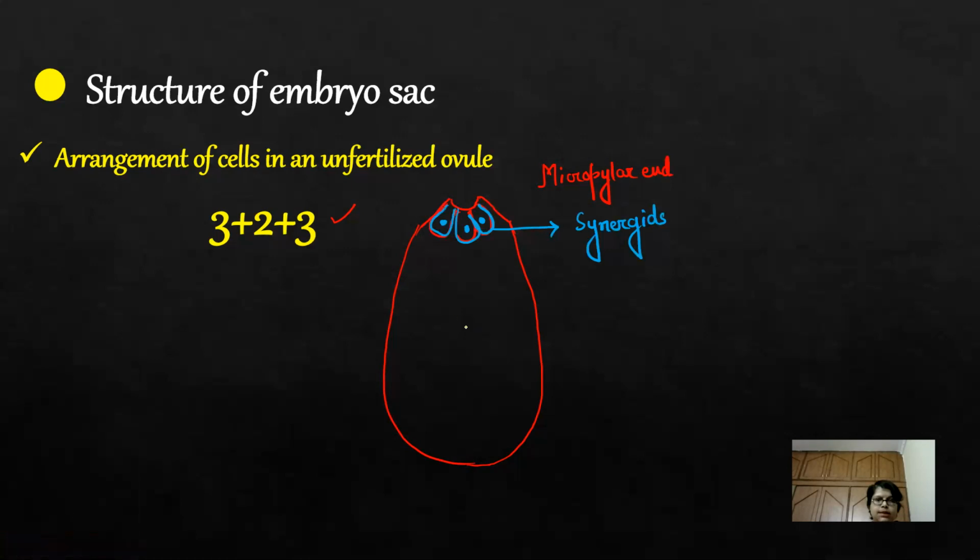Next, right in the center, you will have the central cell, and these are the polar nuclei.